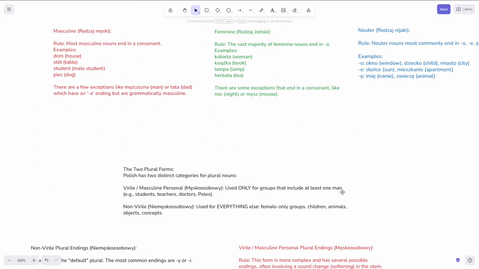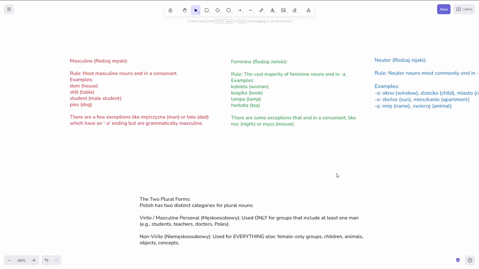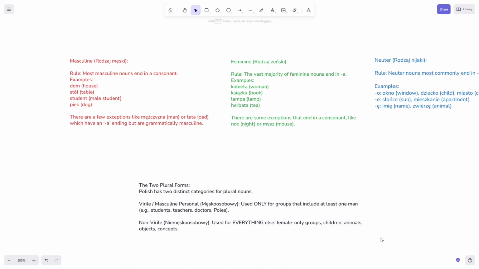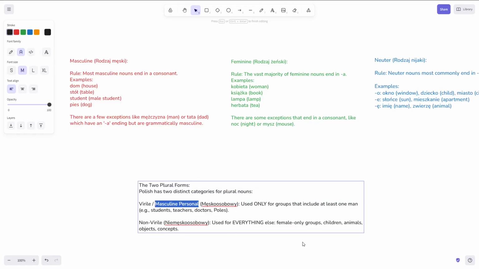That's all. But now the new information that I have not told you before, as far as I'm aware, is that in Polish there are in fact two plural forms. Okay? What does that mean? Well, there is one form which is called, I guess, virile. I'm not sure, so I'm going to refer to it as masculine personal.